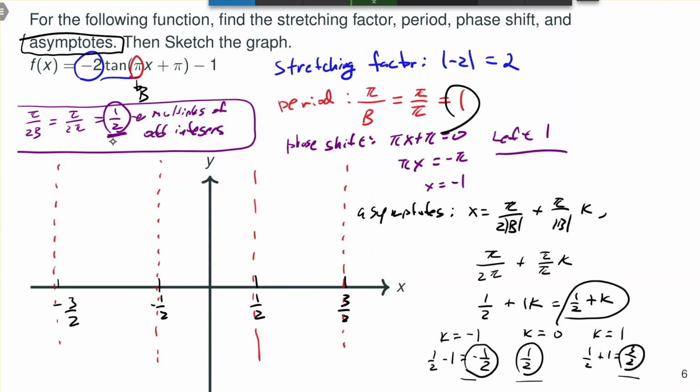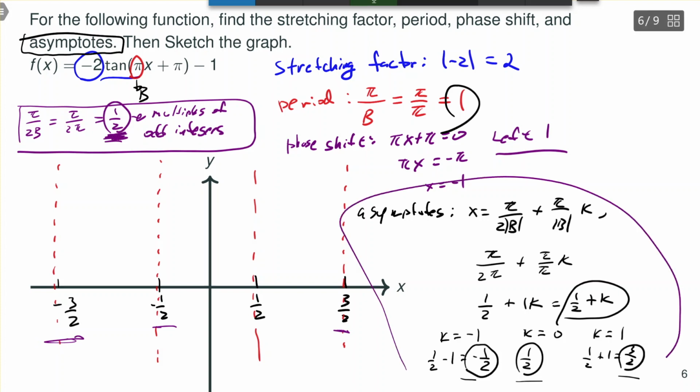If I multiply by 1, I get this. If I multiply by -1, I get -half. If I multiply by 3, I get 3/2. If I multiply by -3, I get -3/2. So this is another quick way of finding vertical asymptotes for tangent graphs. Either one is fine; both give the same result. And why do we find the period? The period just affirms that each distance between asymptotes is 1.